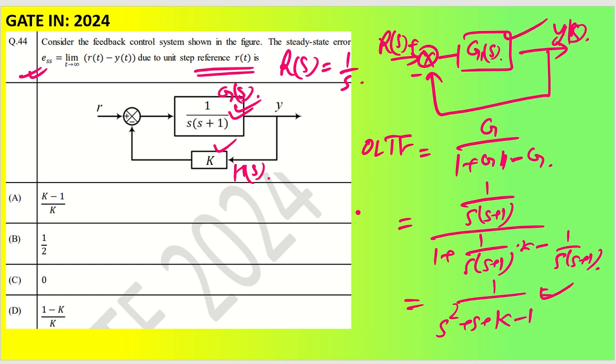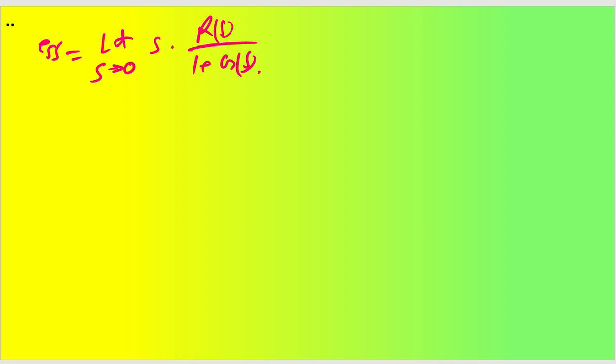Now you know that steady state error is equal to the limit s tends to 0 of s into R of s divided by 1 plus G of s. Here G of s is actually G1 of s.